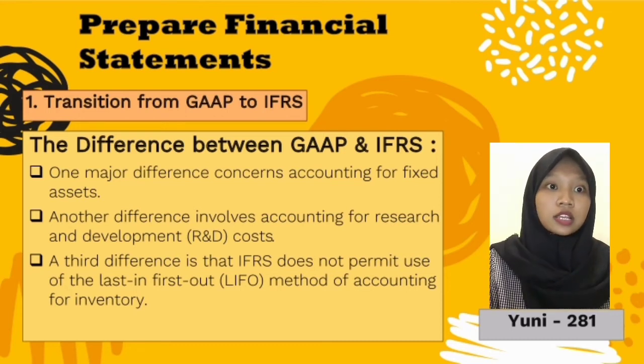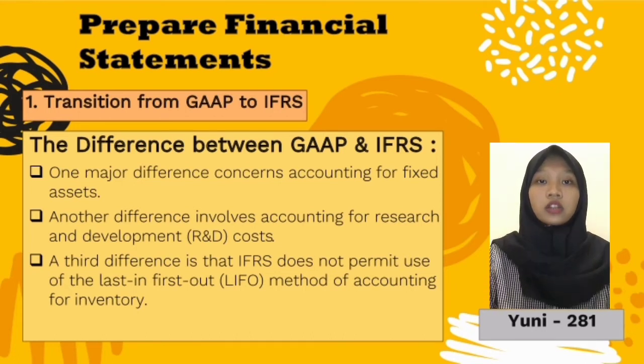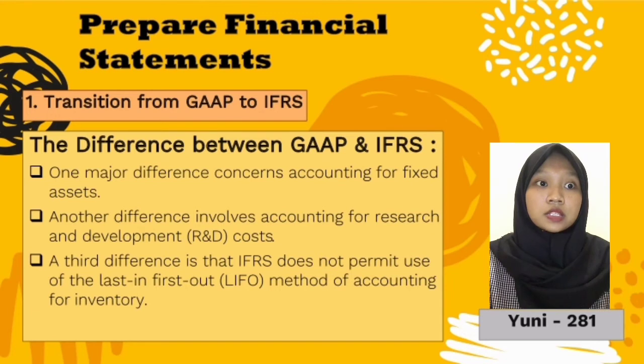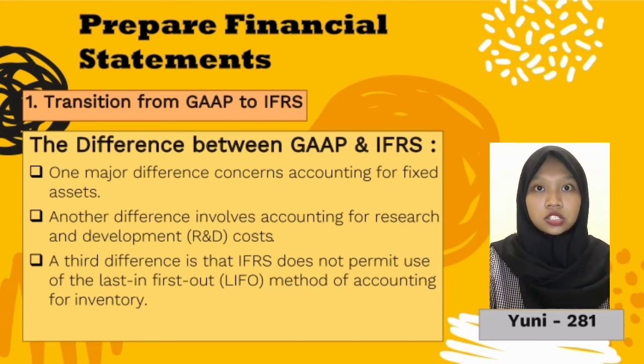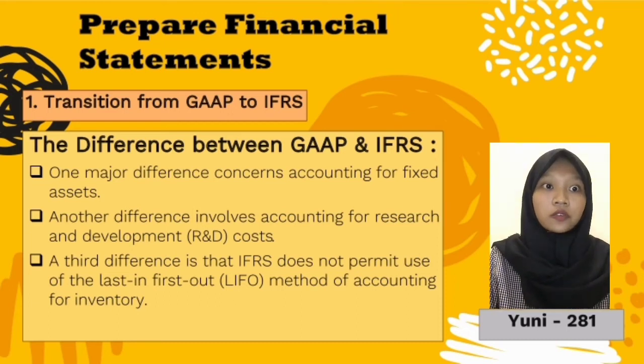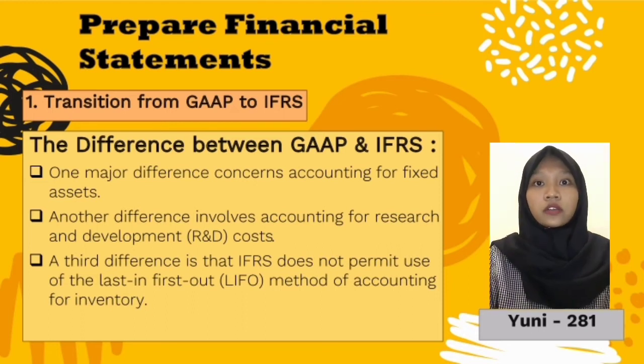Another difference involves accounting for research and development, or R&D, costs. IFRS permits capitalization of development costs at an earlier stage of the process than does GAAP. A third difference is that IFRS does not permit use of the last in first out, or LIFO, method of accounting for inventory.